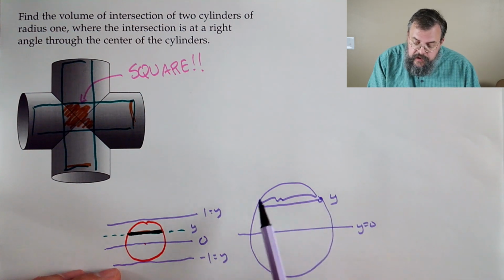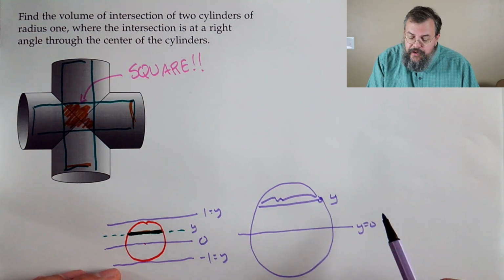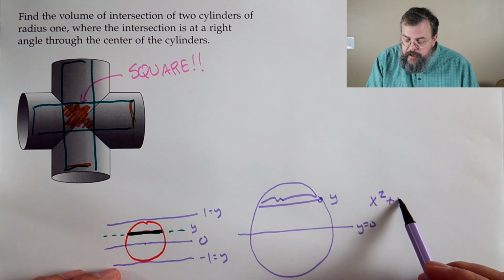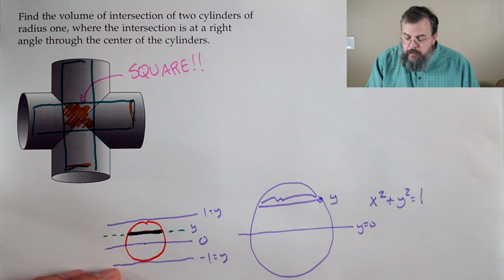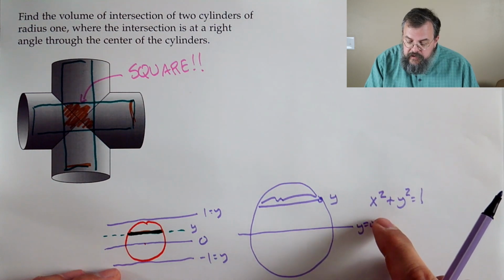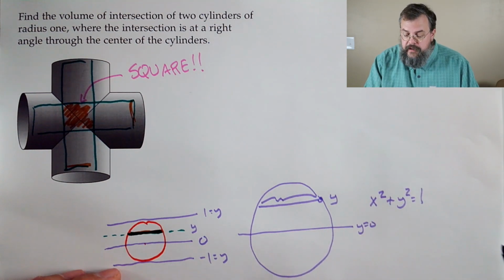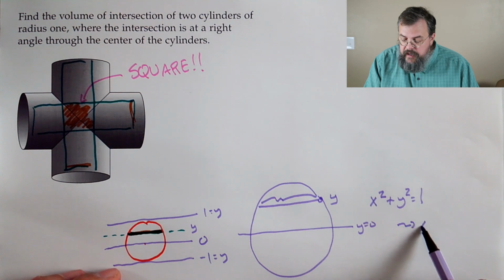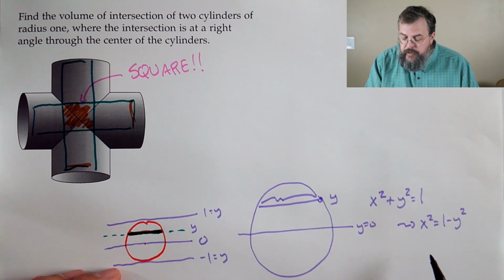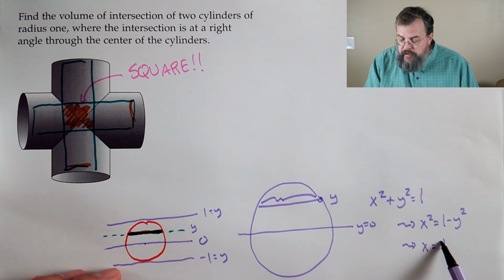Well, we know it's a unit circle, and so we have our really good rule for unit circles, which is x squared plus y squared equals 1. So I can actually figure out, okay, what is x in terms of y? This tells us that x squared is 1 minus y squared, which we can rewrite as x is plus or minus the square root of 1 minus y squared.